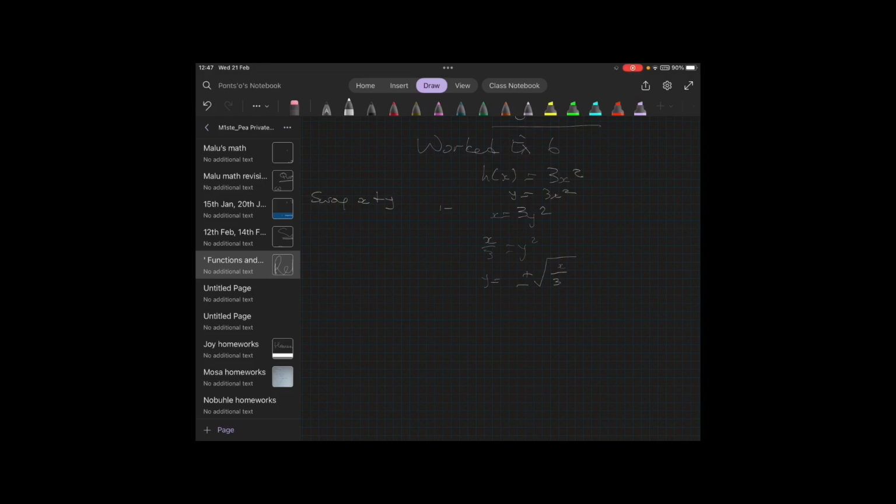Swap x and y to make y the subject of the formula, and here we divide by 3, and here we take the square root on both sides.